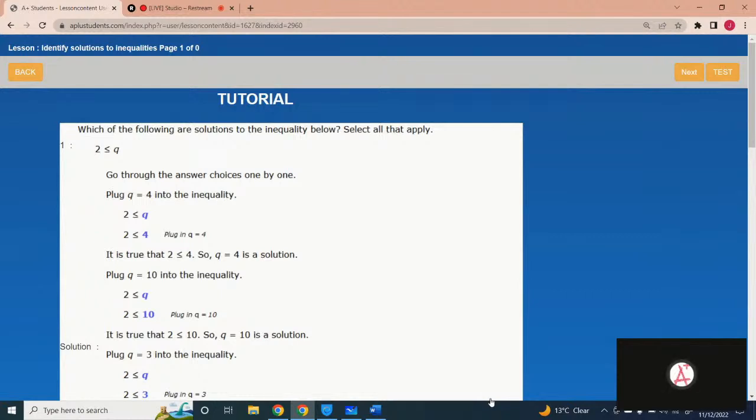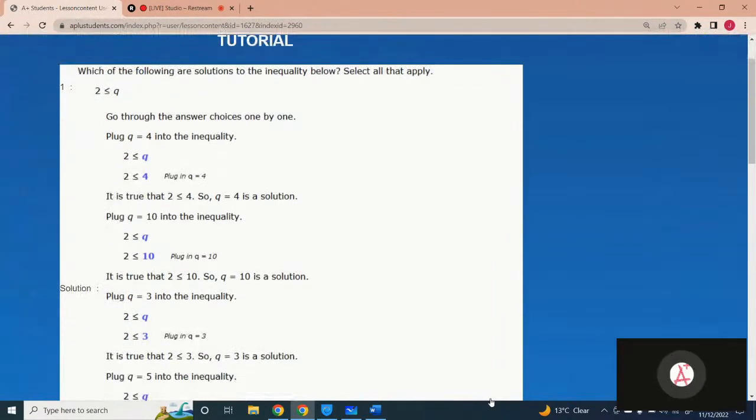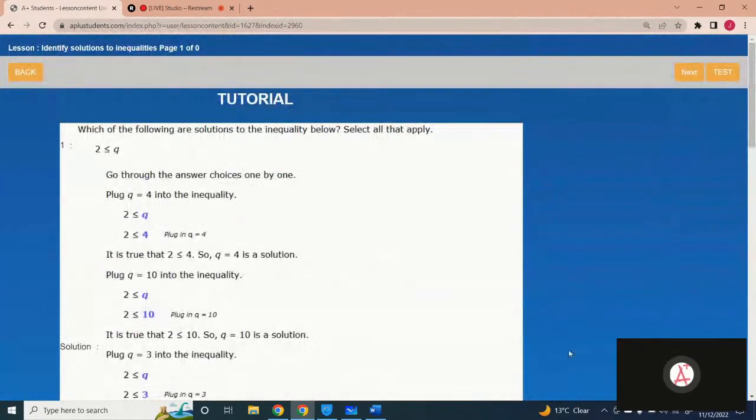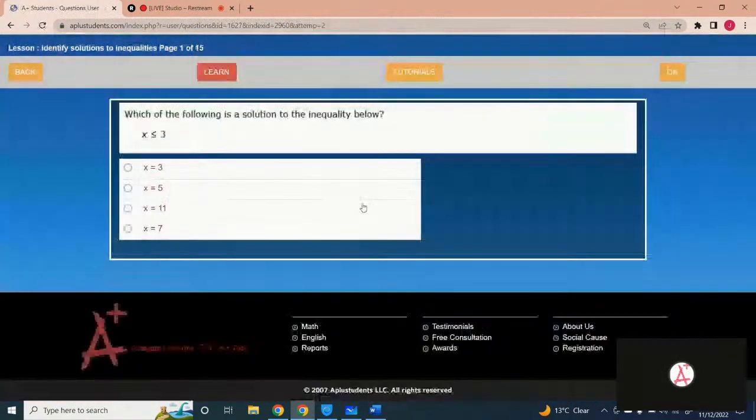Okay. Which of the following is a solution of the inequality below? Select all that apply, but you are not given the choices. Let's start with the test. Which of the following is a solution of the inequality below?